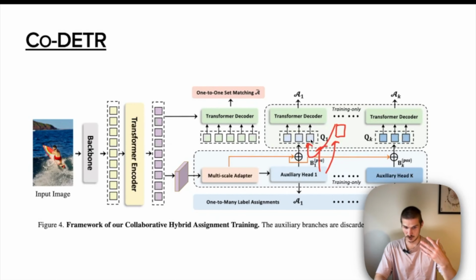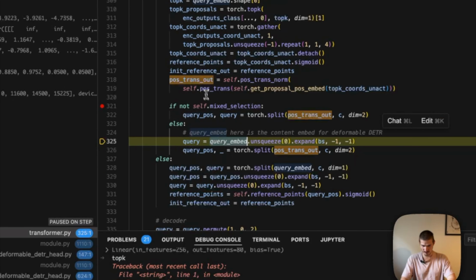So then we see that the actual setup is mixed selection. We basically take in just half of the 512 for the positional part, right? So this post trans out was the positional sine cosine encoding, and then the query part is this query embedding.